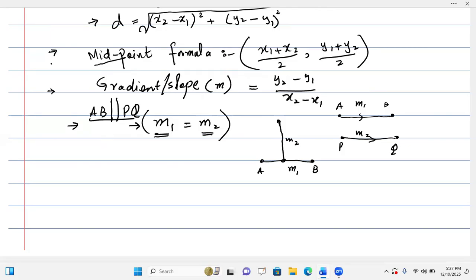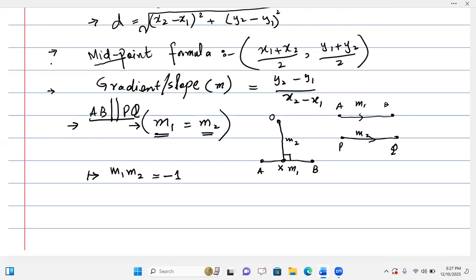When AB and PQ are perpendicular, making an angle of 90 degrees, then the product of their gradients M1 M2 will equal minus 1. This was the concept behind calculating the gradient from 2 points, the parallel case, and when two lines are perpendicular to each other, their product should equal minus 1.